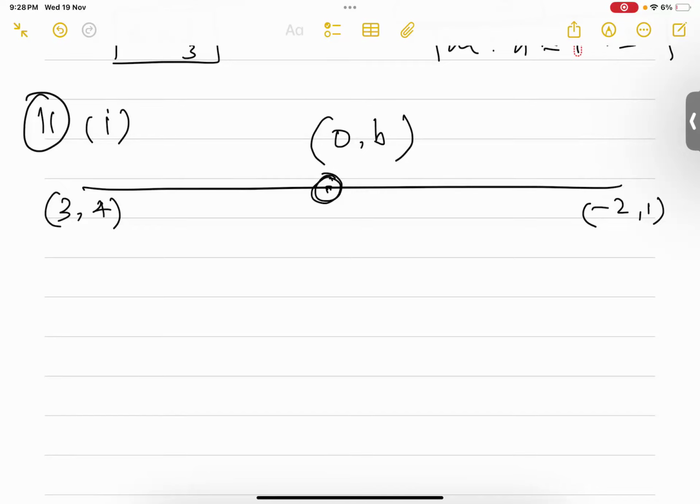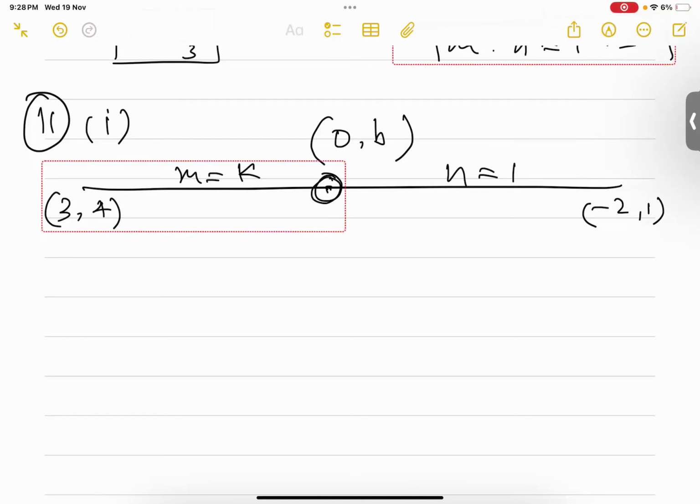Since this point is dividing the line in a specific ratio and lies on the y-axis because it is cut by the y-axis, the x coordinate is 0 and the y coordinate is assumed as b. So this is m and this is n. Let this be k and let this be 1.